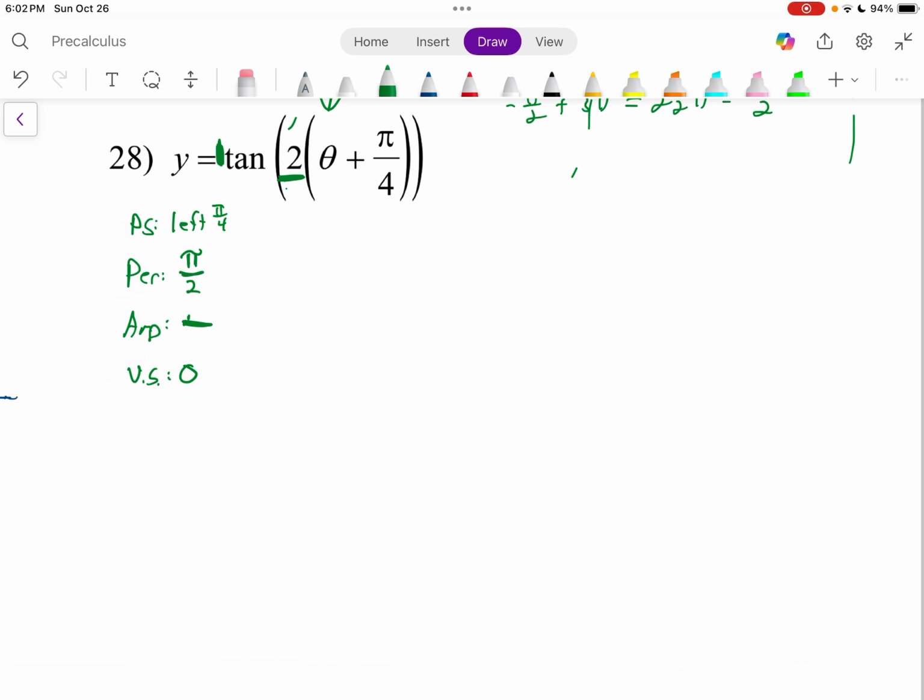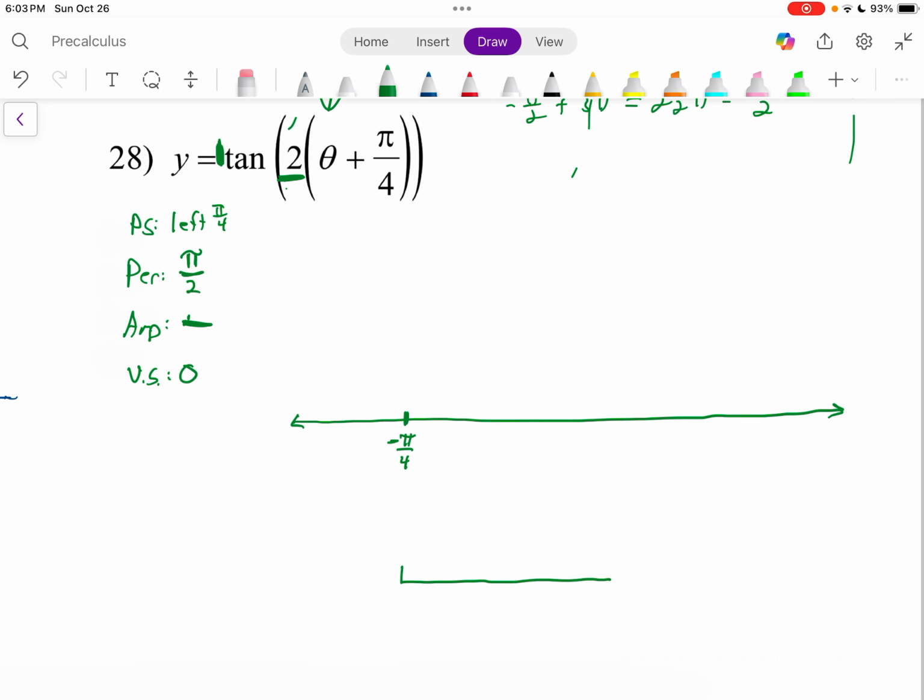There's no vertical shift. So we're going to draw our x-axis. I'm not going to draw the y-axis yet because we have a phase shift. Our starting point is at negative pi over 4. Period is pi over 2. So we want to take our negative pi over 4.